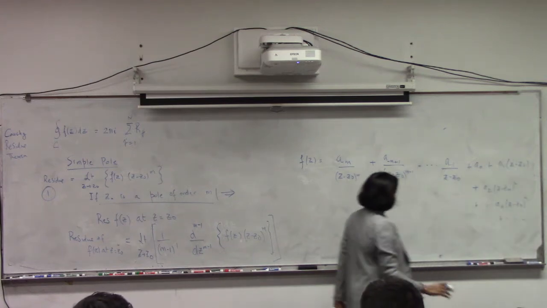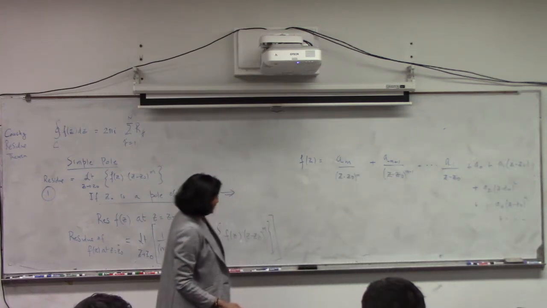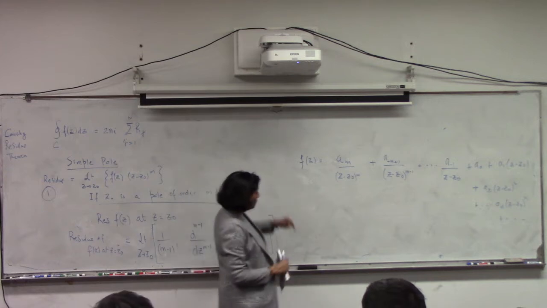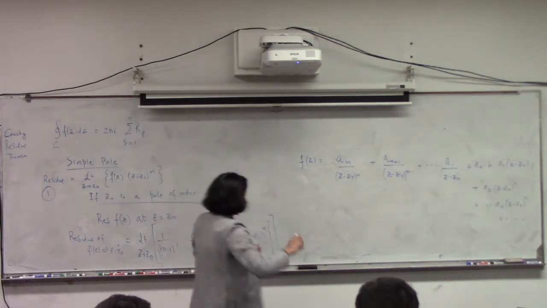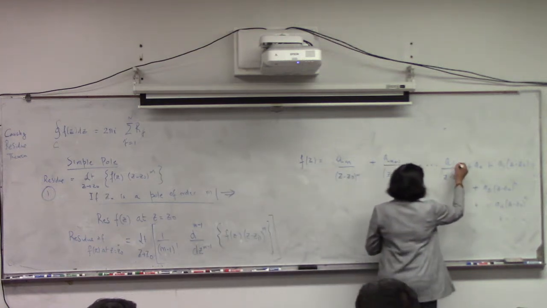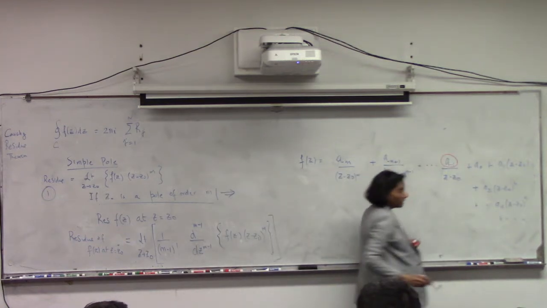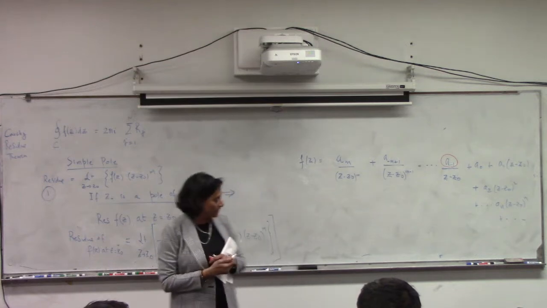The analytic part is infinite, right? Now, this is the expression if the function has a pole of order n at z naught. My goal is to extract a minus 1 from this expression.